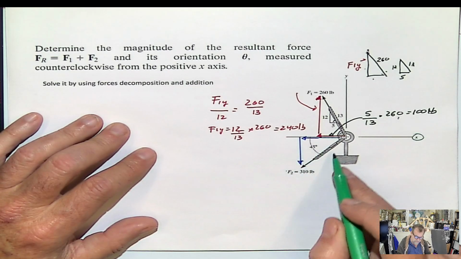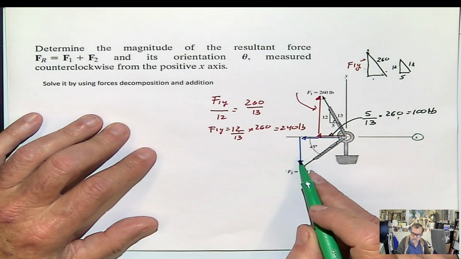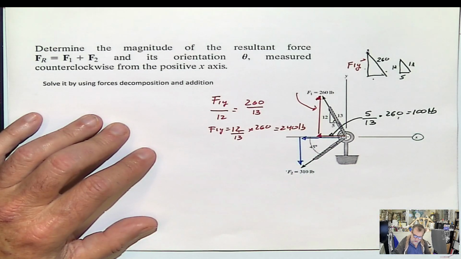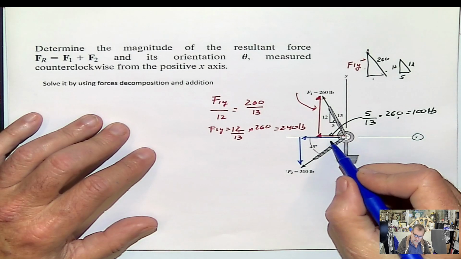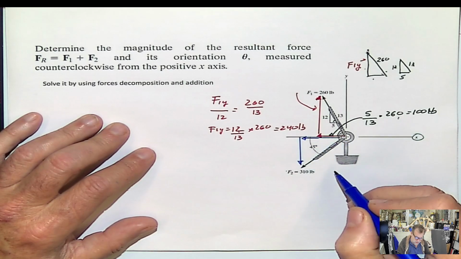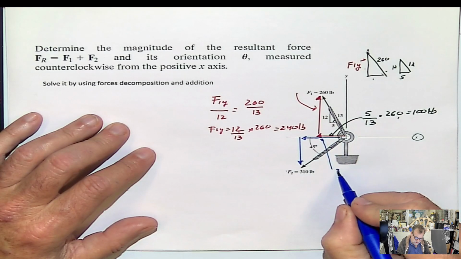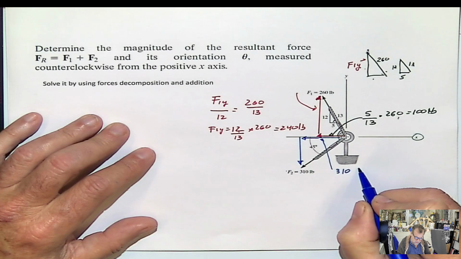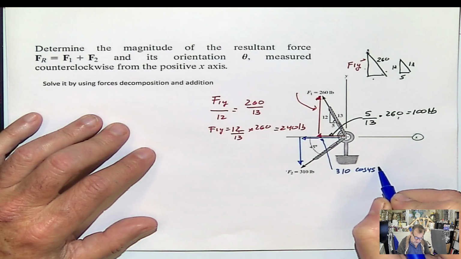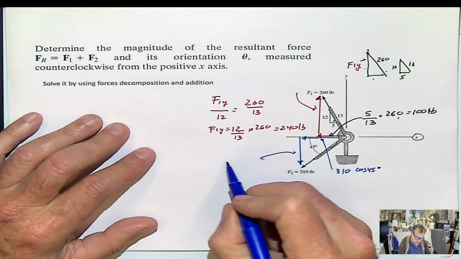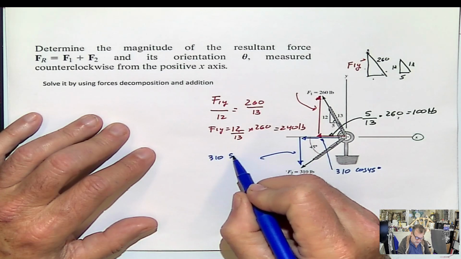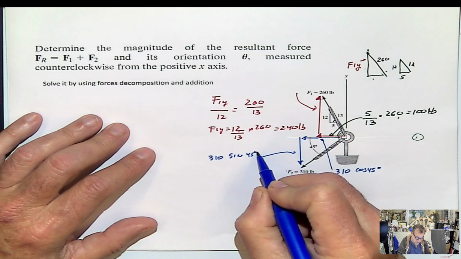Okay, similarly, now we're going to be working with decomposing these two forces here. Now I have the angle 45, and you know that this force here is just going to be 310 times cosine 45 degrees, and this one here is going to be 310 sine 45 degrees.